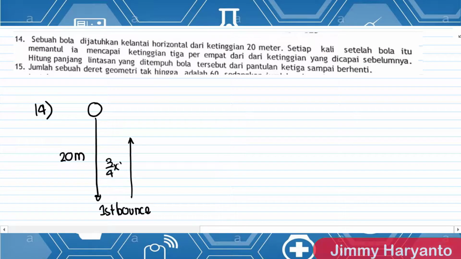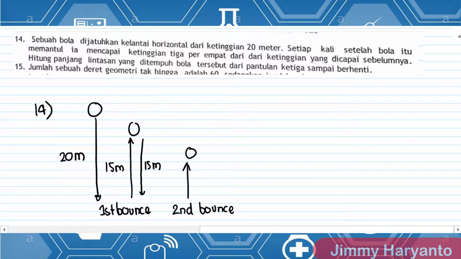So 3 over 4 times 20 equals 15. So we'll have 15 meters for the first bounce, and then 15 meters down also. The second bounce is 3 over 4 again from the 15. So it will be 15 times 3 over 4.